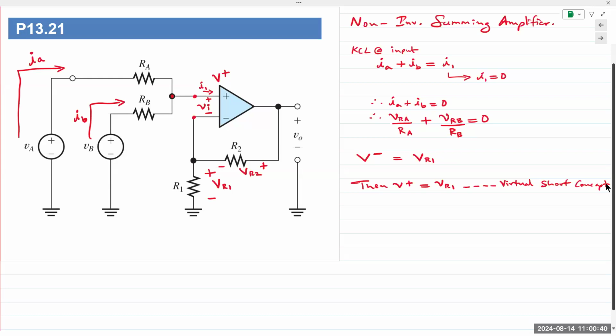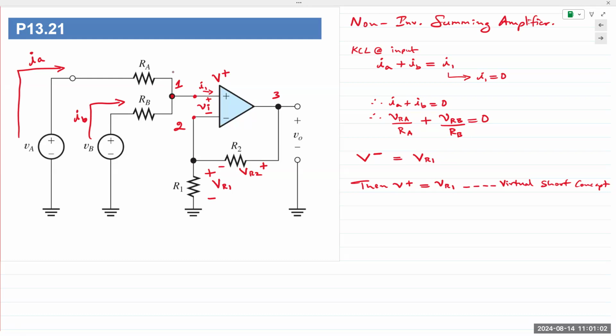And so we can say that V plus, let's put nodes. There's node 1, node 2, and let's call this node 3. Both nodes are the exact same voltage.